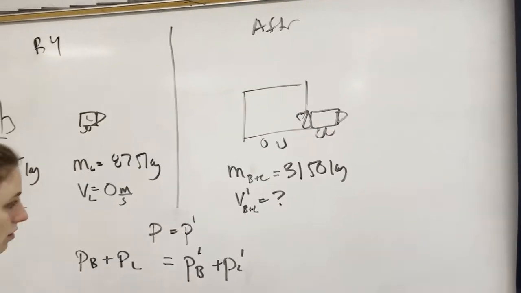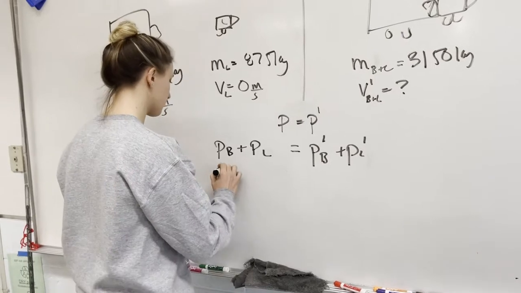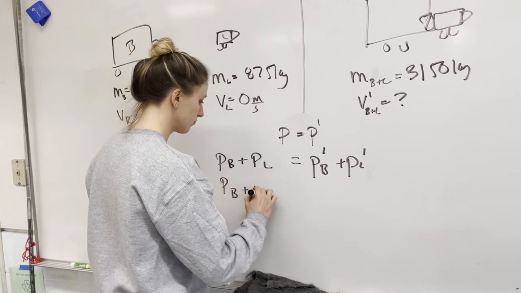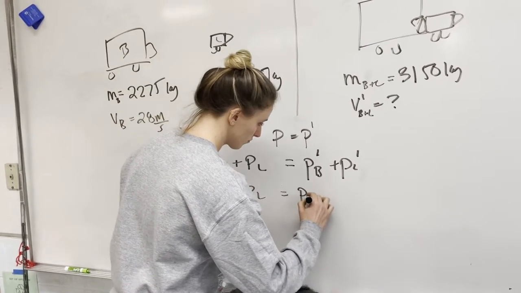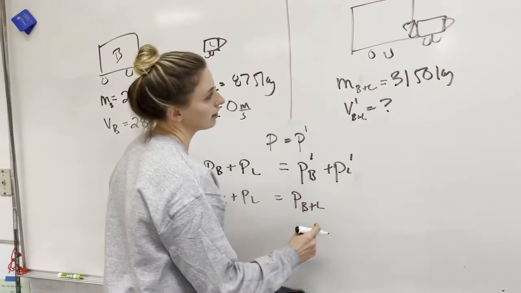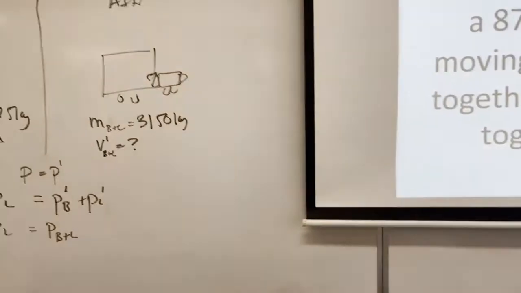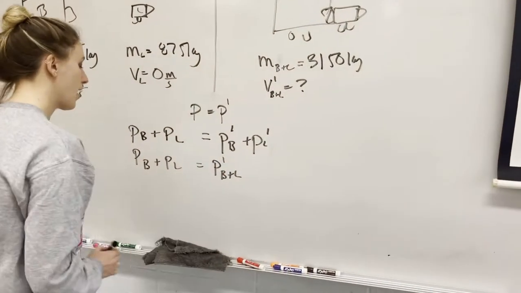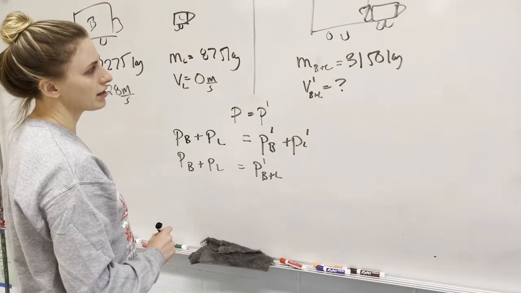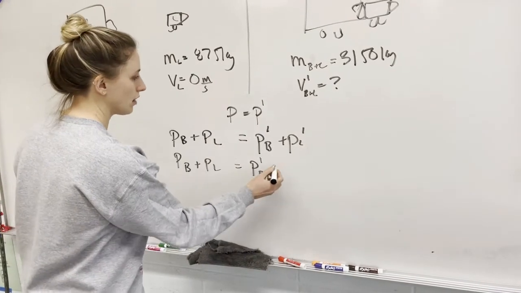They combine, so it's going to be B plus L. You guys see that? Because they're stuck together, they're traveling together. Their masses add together. So where is my answer gonna lie? Right here. It's gonna lie over here.